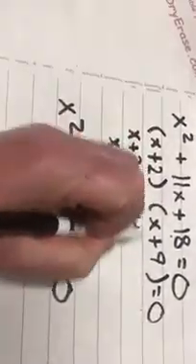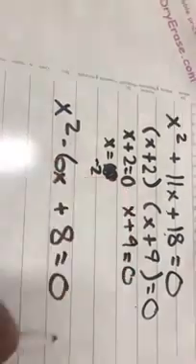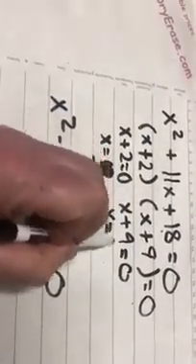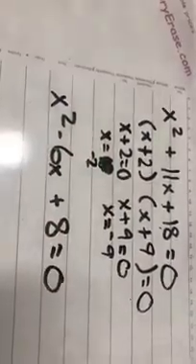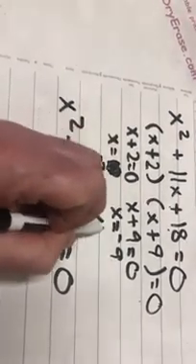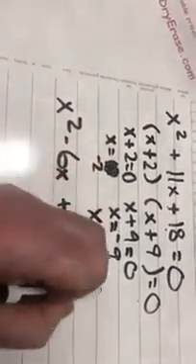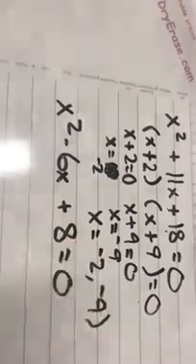And if x plus 9 is equal to 0, then x must equal negative 9, which means my final answer for this one would be x can equal negative 2 or x can equal negative 9.